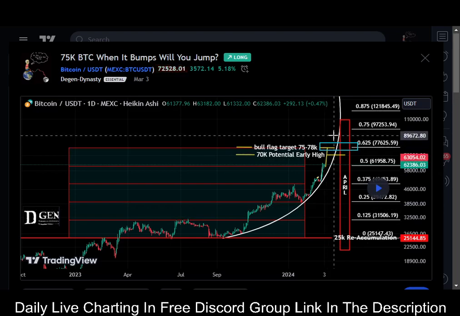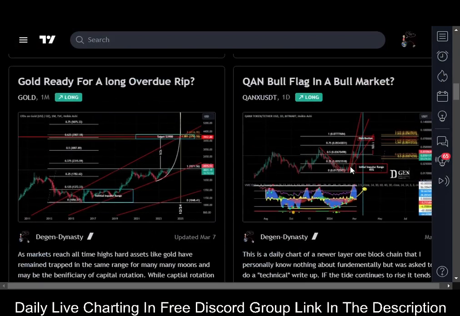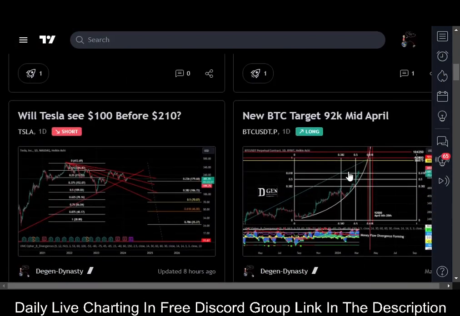If we were to break higher, a half a range above, we could be looking at something a little bit higher in the $92,000 area.